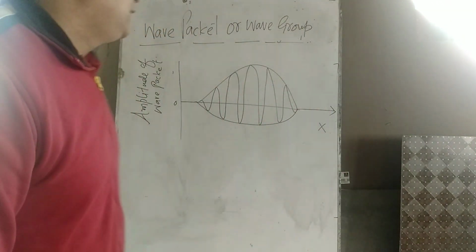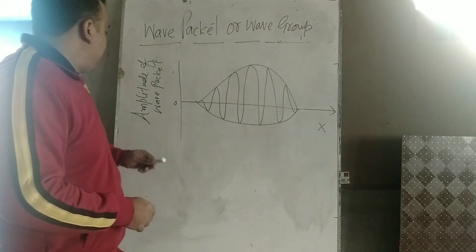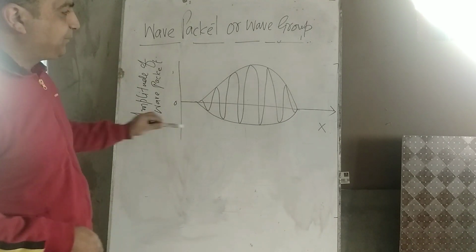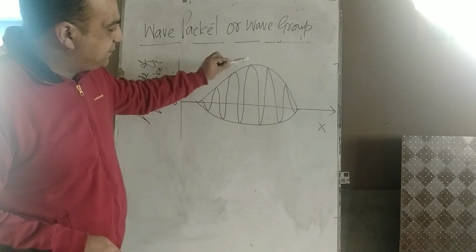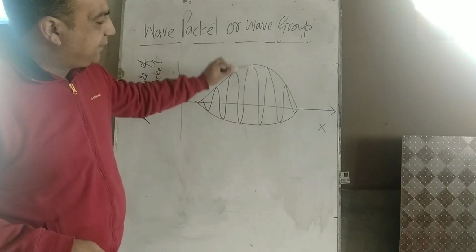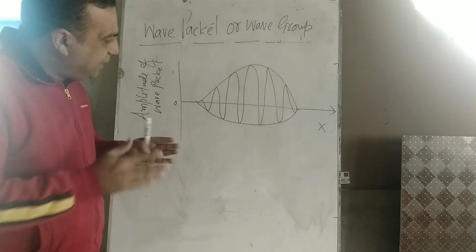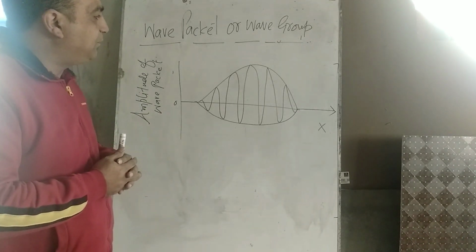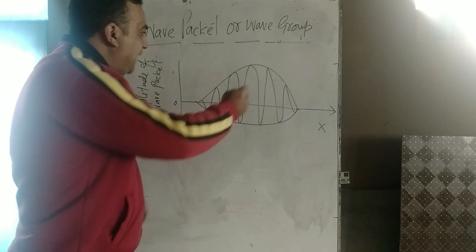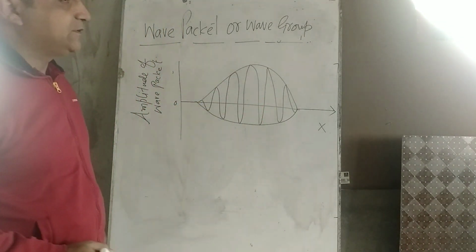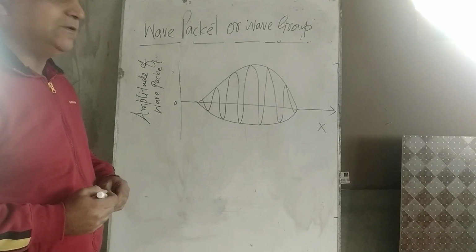So you can see that this is the amplitude of a wave packet. This is the region where the constructive interference of a long range of waves has taken place, and probably within these amplitudes there is a probability of localizing the particle.